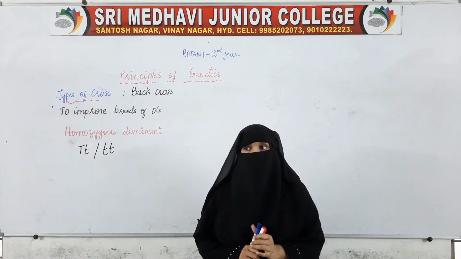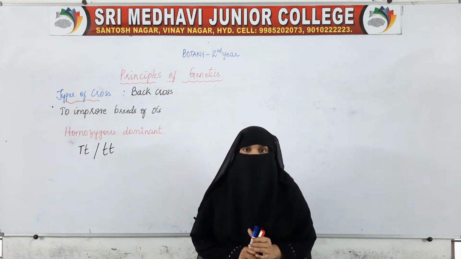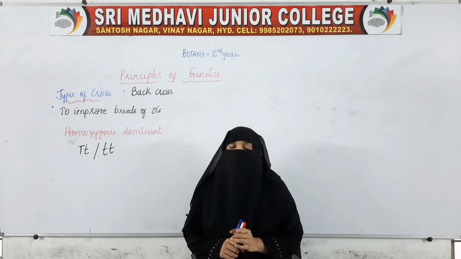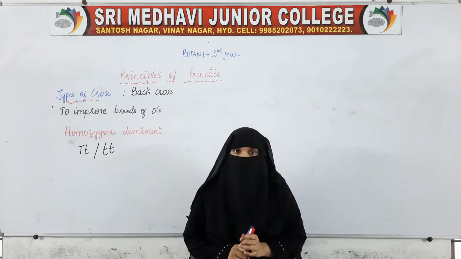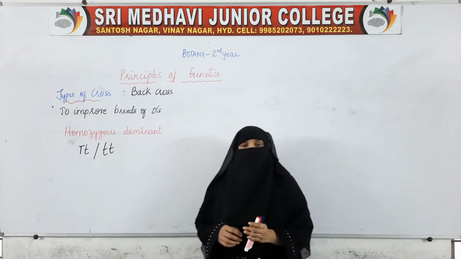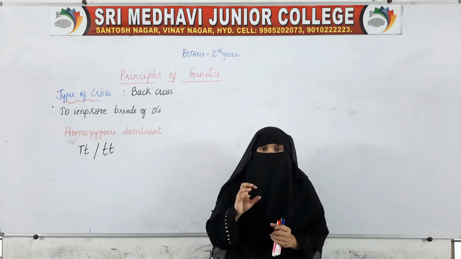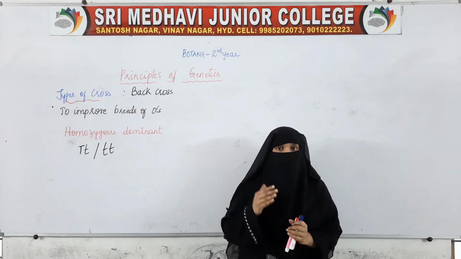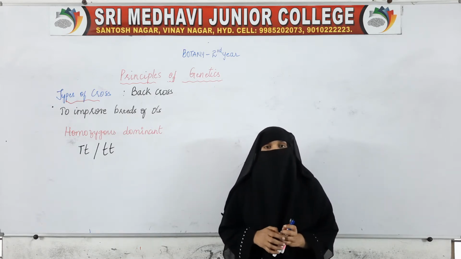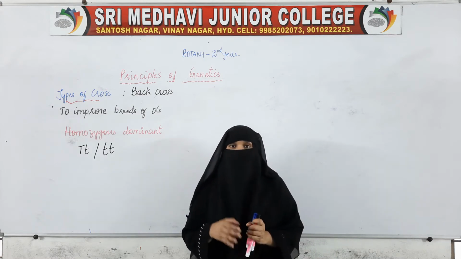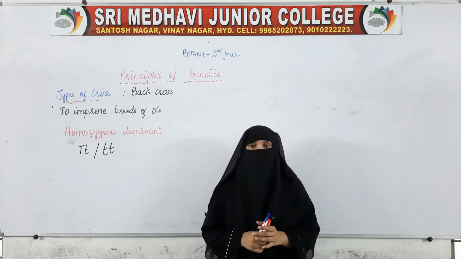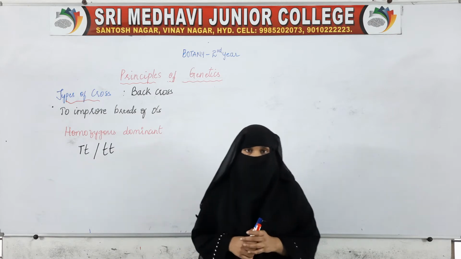If the ratio is 1:1, then the genotype is heterozygous, and if the ratio is 0:4, then the genotype is homozygous recessive. So by seeing the ratios and doing the cross, we will be able to know the genotype. That was what we have seen in test cross.